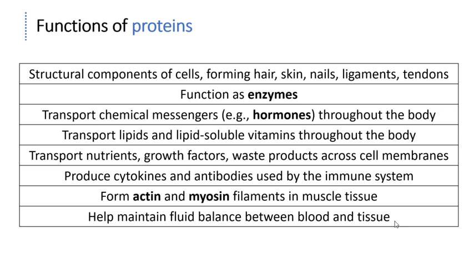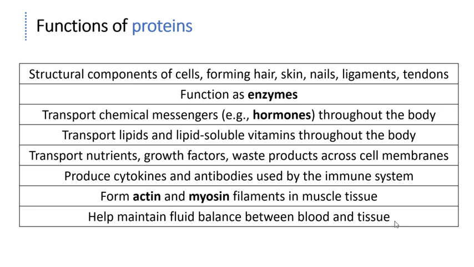Think of your antibodies from our immune system lecture. Think of your muscle myofilaments, your actin and your myosin, right? All of these are proteins. Proton pumps, membrane pumps, channels, ion channels, all of these, they're all proteins, right?